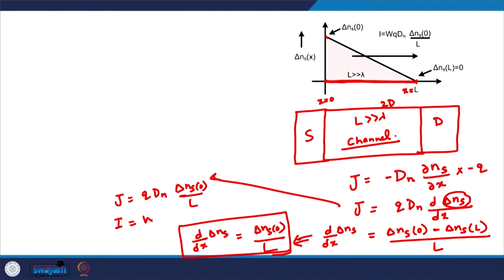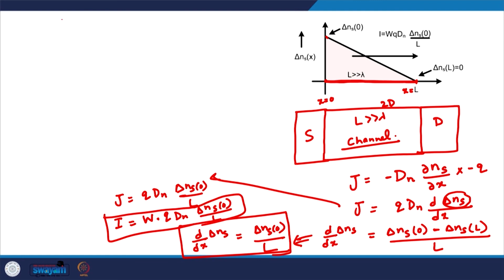Current density in the case of a 2D device is current per unit width. So, the current in steady state becomes width times the current density, which is essentially q D W delta ns0 by L. So, this is what we obtain as the steady state current.